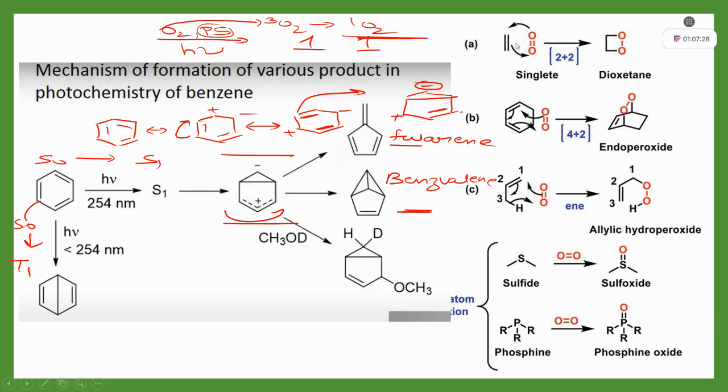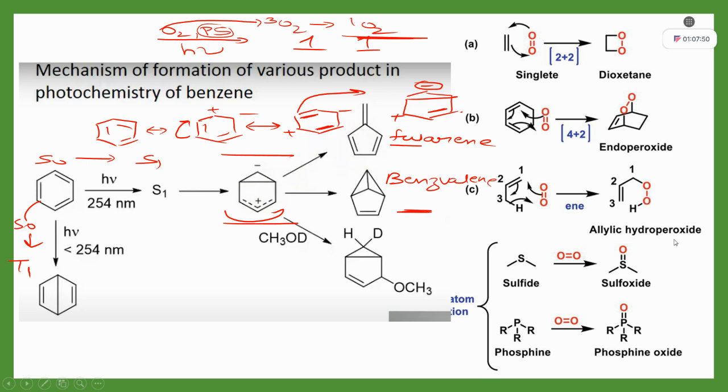This can undergo 2 plus 2 cycloaddition to give you a dioxetane type intermediate. This can also undergo 4 plus 2 cycloaddition, which can give you this peroxide, right? And moreover, this oxygen can also undergo ene reaction that will give you allylic hydroperoxide.